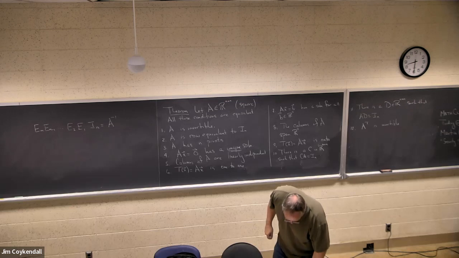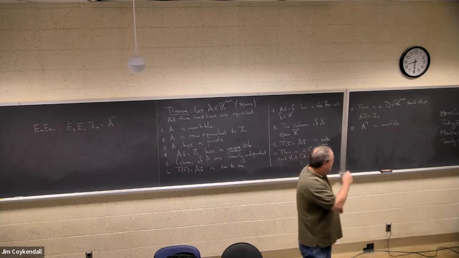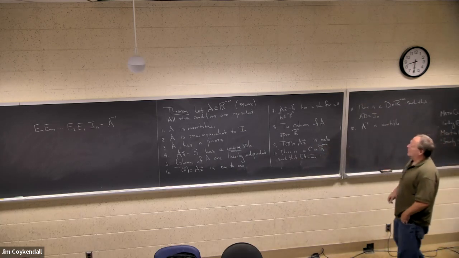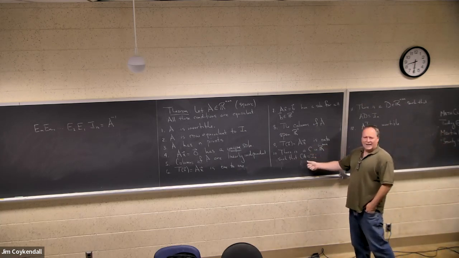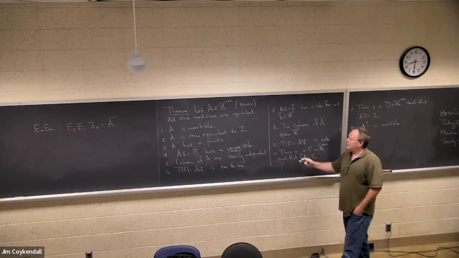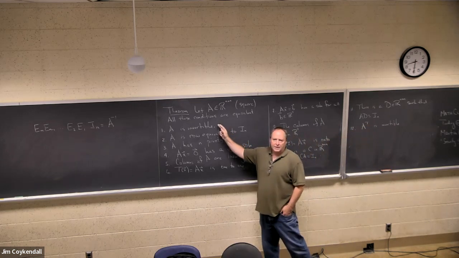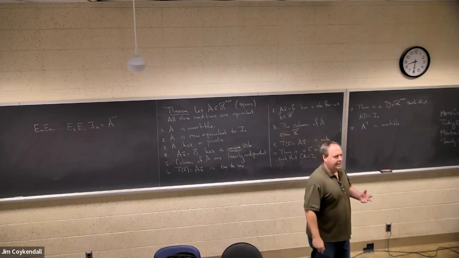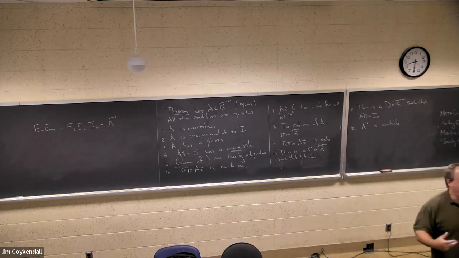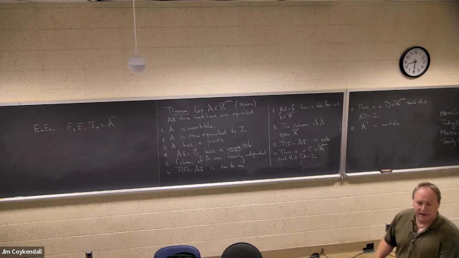Okay, so let me make a remark or two about this last bit. This might seem silly, right? But can you tell me what's the difference? Because we started off with A as invertible. But what does it mean for A to be invertible? It means there's another matrix B, the same size as A, such that AB and BA equal the identity.